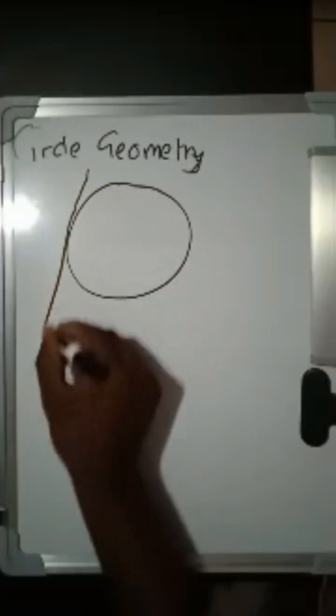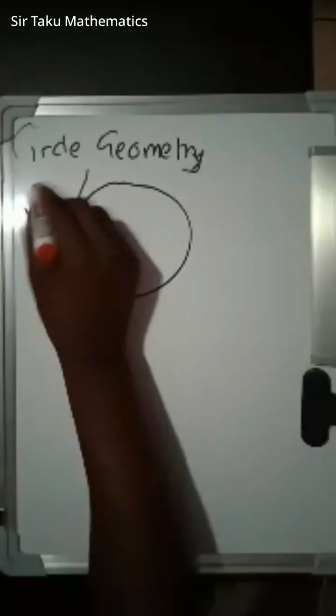We have what we call a tangent. A tangent is a line that touches a circle at one point. So it actually says hello and later goodbye. Then we have a chord. A chord is a line that runs from one side of the circumference to the other side.